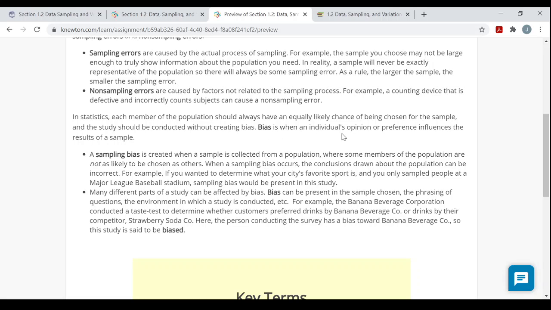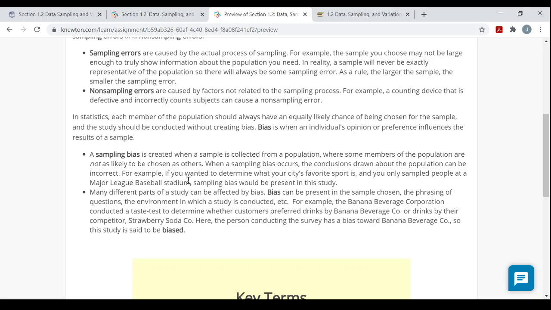Bias is when an individual's opinion or preference influences the results of a sample. Right? There's a couple kinds of bias they mention here. A sampling bias is created when a sample is collected from a population where some members of the population are not as likely to be chosen as others. When a sampling bias occurs, the conclusions drawn about the population can be incorrect.